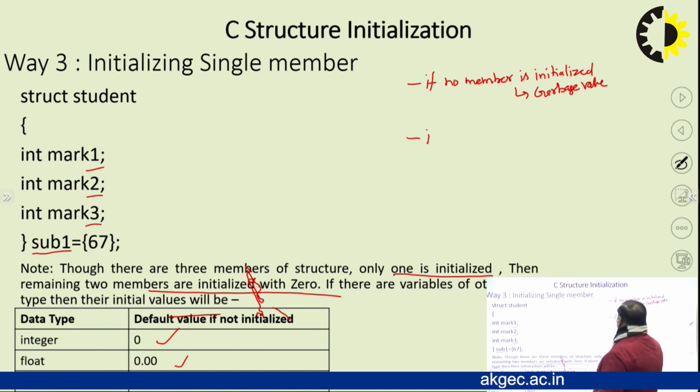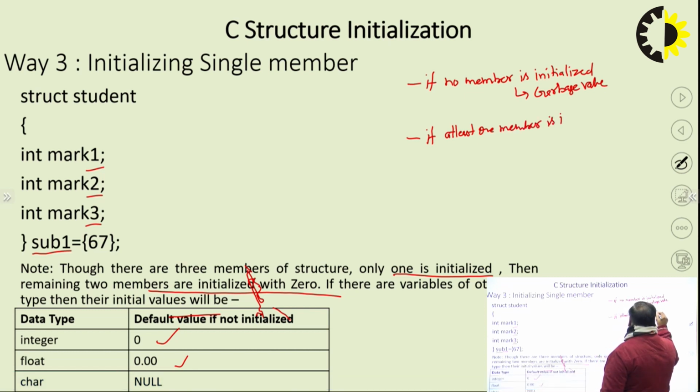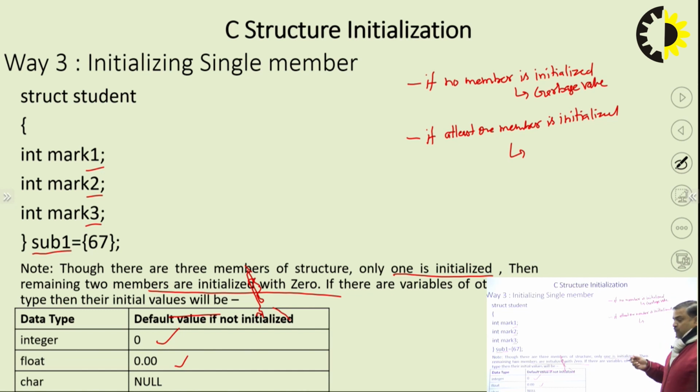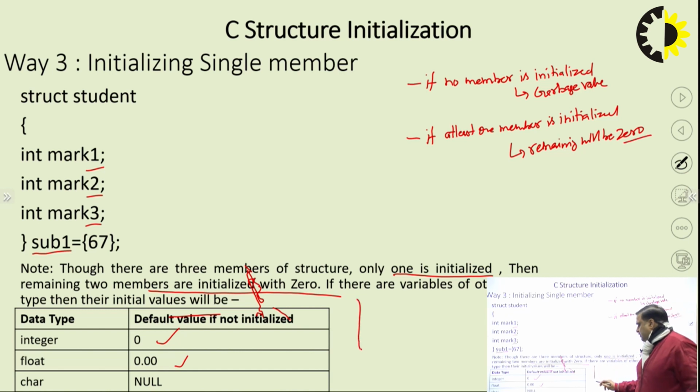But if at least one member is initialized, then the value which is initialized will be taken, and the remaining will be 0 or their default values. These are the default values which will be assigned.